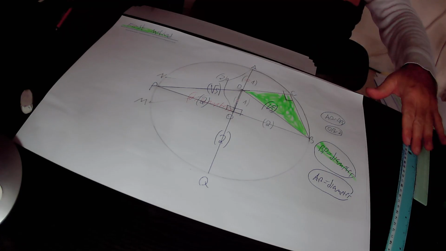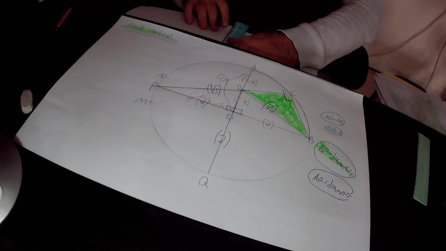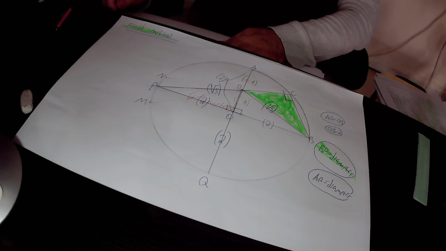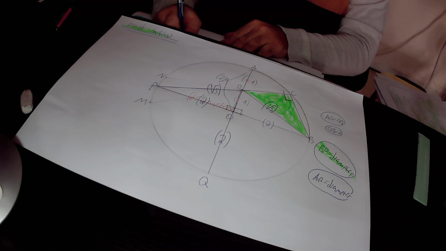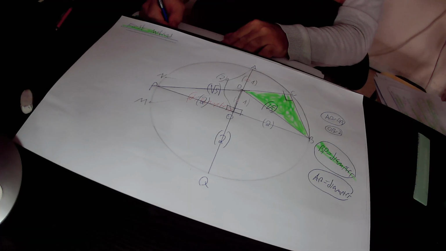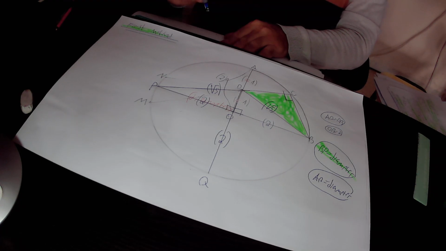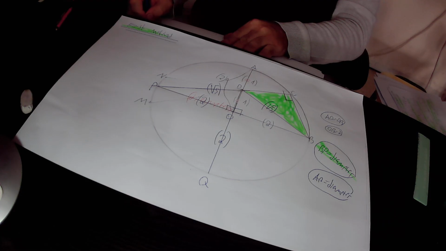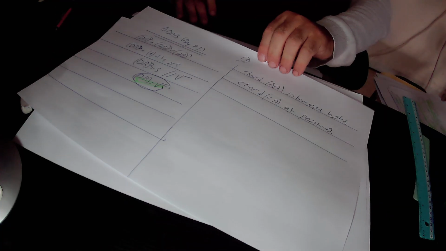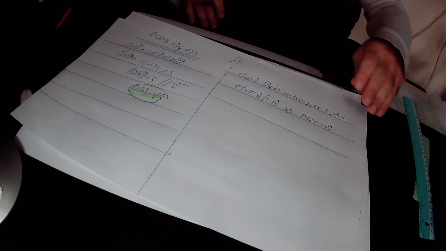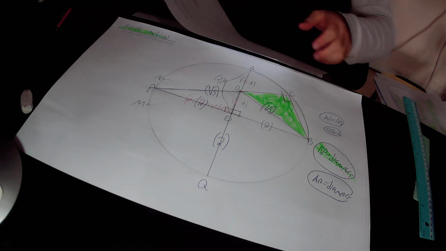So until now, chord AQ intersects with chord CP at point D. All the requirements for the theorem are satisfied, and therefore we can implement it here.